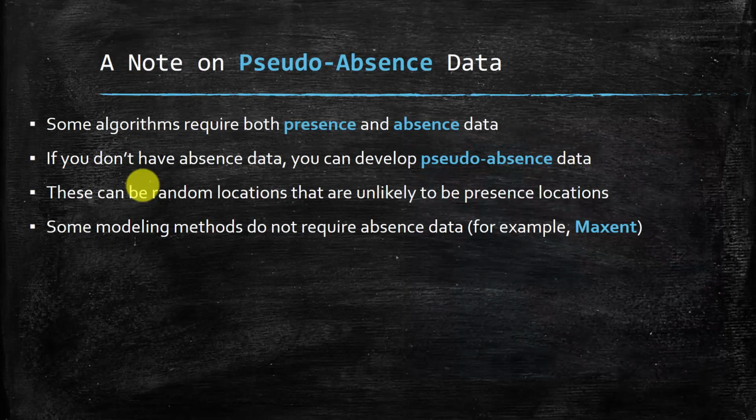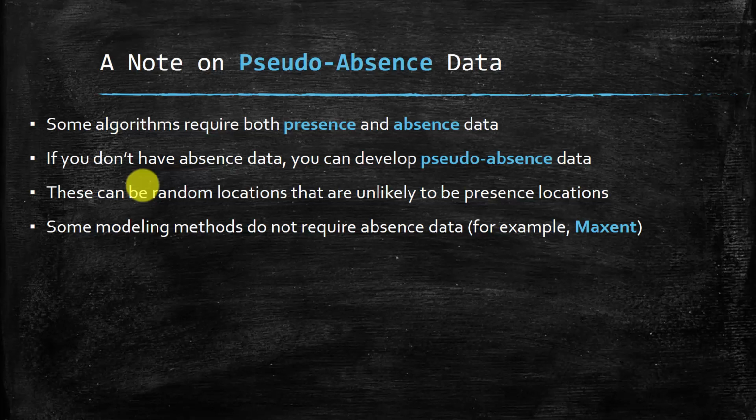A note on pseudo-absence data. It's common for us to map where things are as opposed to where things aren't. For example, if you were interested in creating a habitat model, you might be able to easily find examples of where a certain thing occurs, so a tree or an organism of some kind, but you might have a harder time finding examples of where it's not. Again, that's commonly just not mapped.